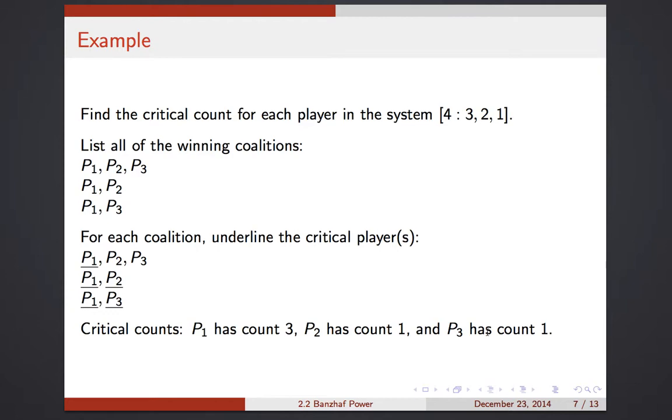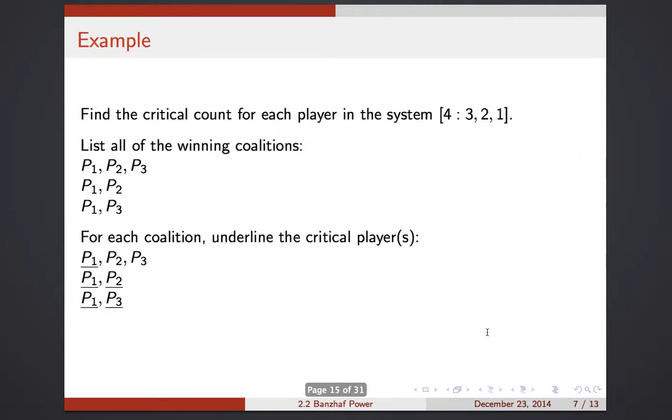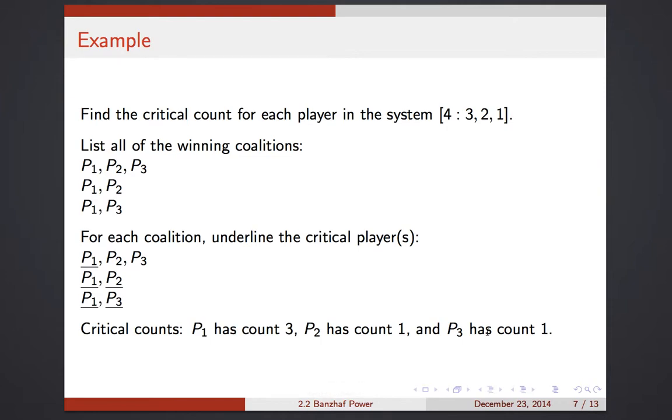So at this point, I've thrown 4 definitions at you, and they're maybe not terribly intuitive. These definitions can take some getting used to, right, of critical count, critical player, etc. So before we go on, you must understand these definitions. If you don't understand this, you need to either read through the book or email me.